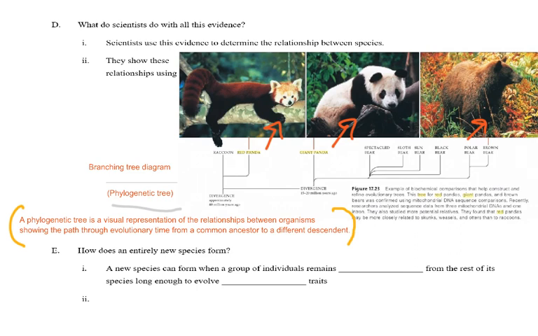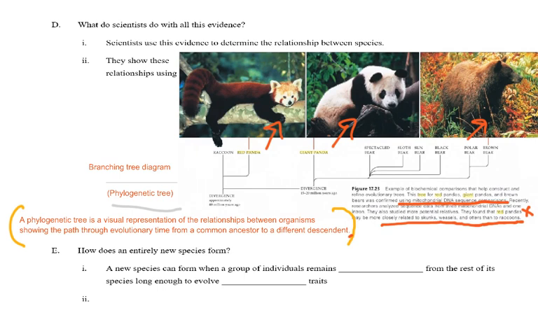The relationship between all 3 of these bears has been shown to have a common ancestor based upon using the DNA sequences. Using DNA evidence and branching tree diagrams, scientists have proposed that red pandas might actually be more closely related to skunks, weasels, and otters than to raccoons.